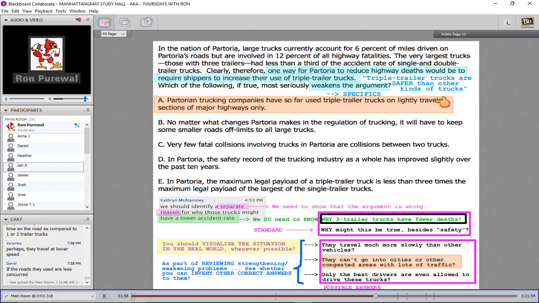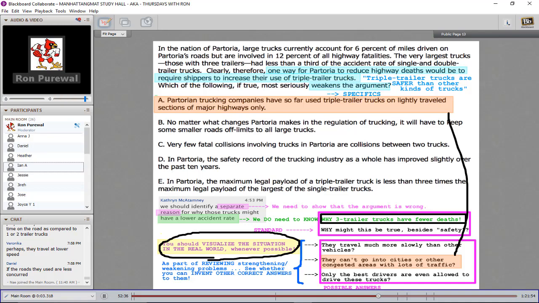Middle of nowhere. So this is the correct answer, meaning these trucks are only being driven on roads where no one else is driving. If you imagine the situation, that's probably the picture you're going to imagine. You're not going to imagine a 3-trailer truck in the middle of San Francisco. You're going to imagine it driving through North Dakota on the freeway.